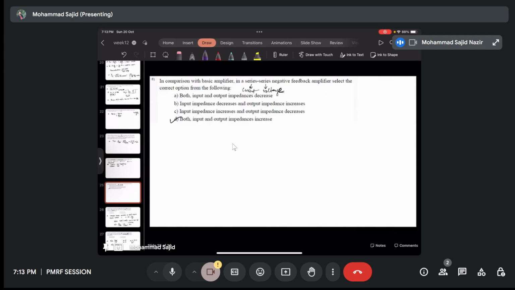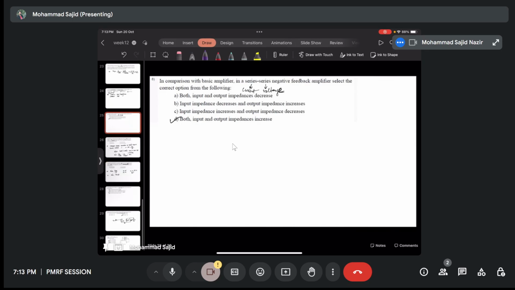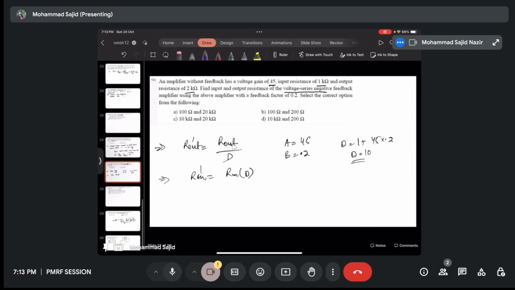Similarly, in comparison with the basic amplifier, in the series, that is taking current at the output, the first one is always the output, and series input is the voltage. So it will be high impedance at the output, high impedance at the input.